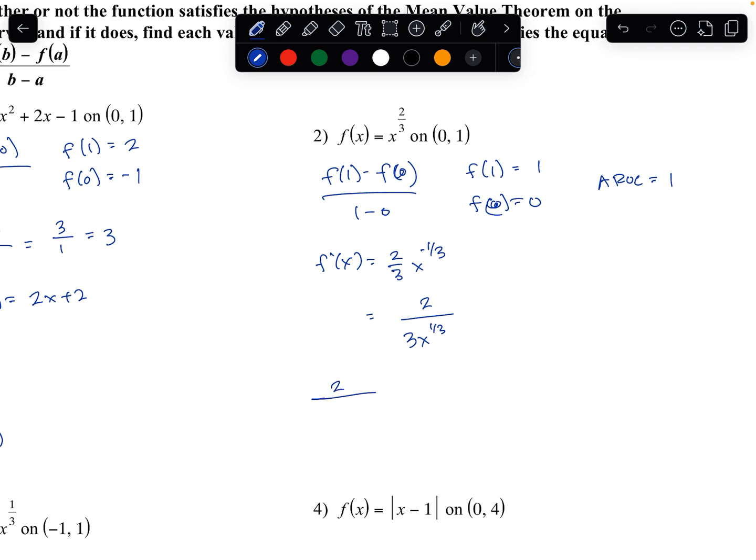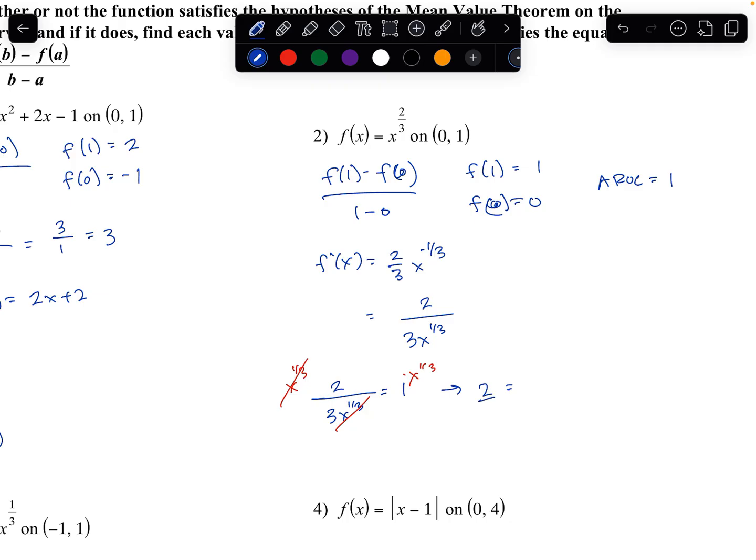So 2 over 3 x to the 1/3, set that equal to 1. I'm going to multiply both sides by that. No, I'm just going to multiply by x to the 1/3. So then that would cancel here and multiply this side by x to the 1/3.